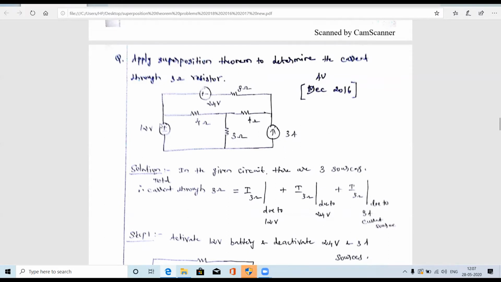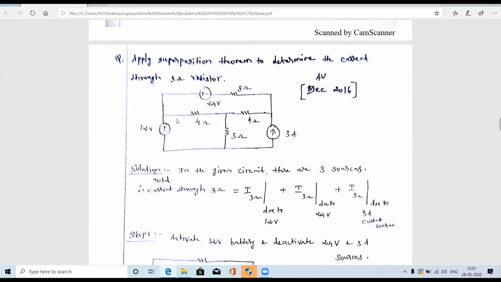Because of this active voltage or current source, we find the current flowing through the particular branch. Similarly, in step 2, we activate the second source and deactivate the remaining two, and find the current flowing through the particular resistor. Similarly, we activate the third source, deactivate the remaining two sources, and find the current flowing through the 3 ohm resistor.